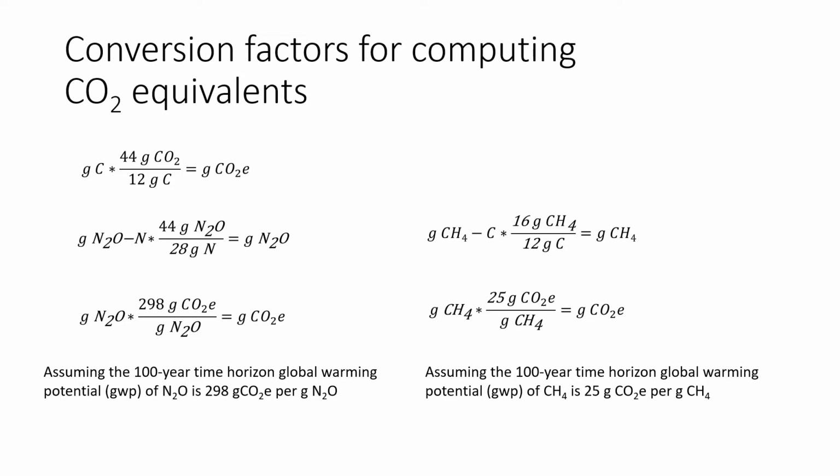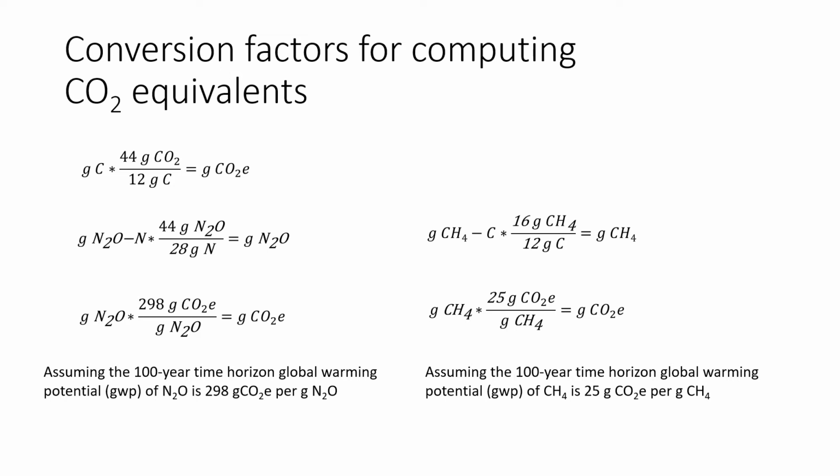And all nitrogen fluxes are grams of nitrogen per meter squared, not grams of N2O. So whenever we have just grams of carbon, we have to convert to CO2 by multiplying. There are 44 grams of CO2 for every 12 grams of carbon. So carbon times 44 over 12 gives you CO2 equivalents.